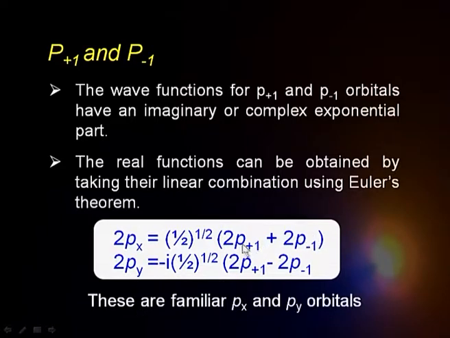Px and py you cannot really correlate with it. We can't say that px is p plus 1 or py is p minus 1. No, we cannot say that. What we are sure about is that p0 is pz, fine. But as regards px and py, both of them are created from a combination of both orbitals. So we can at best say that for px, the magnetic quantum number could be plus 1 or minus 1, or both put together. There is a combination there. So you have to be clear about it.